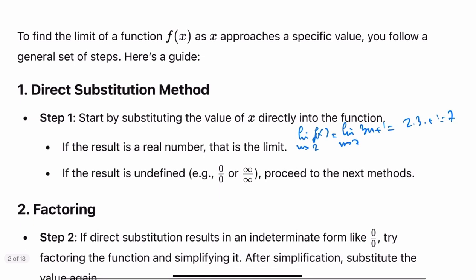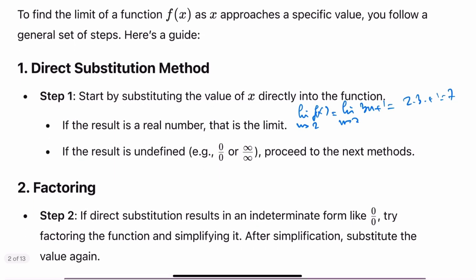However, sometimes direct substitution doesn't work, especially if it gives us weird values such as 0 over 0 or infinity over infinity. In such a case, we can use the factoring method.